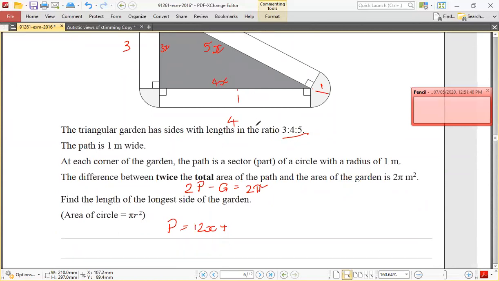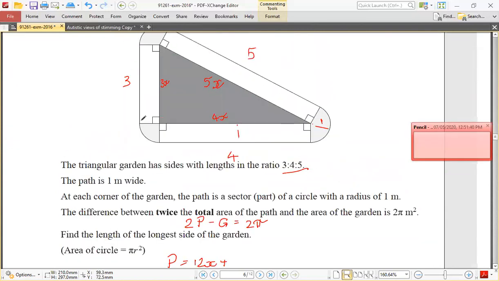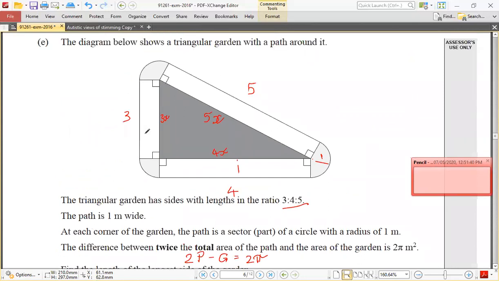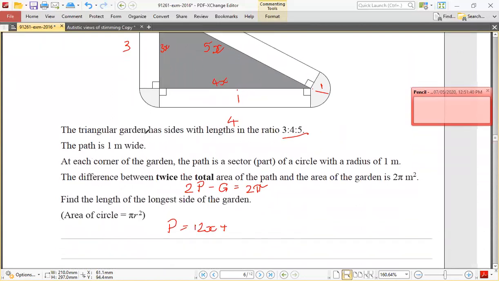Now, how do we do the corners? Well, they equal a circle, and the radius is 1 meter. So the area is what? If the area is pi r squared, what's the area of that circle?